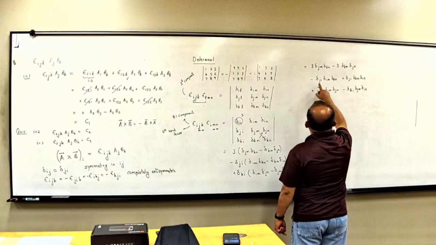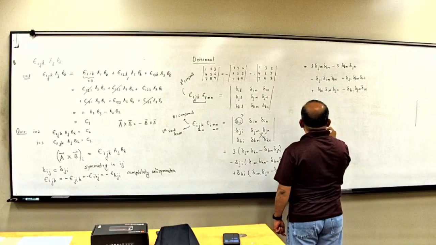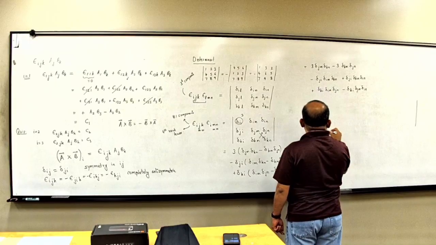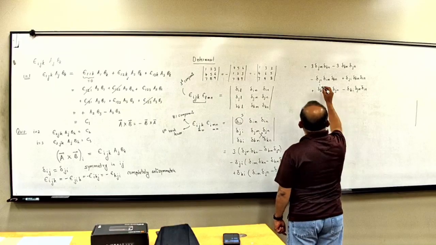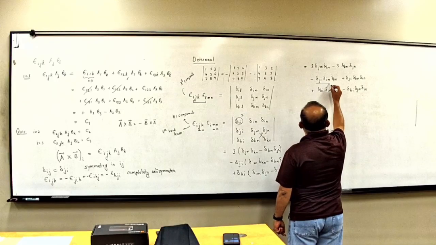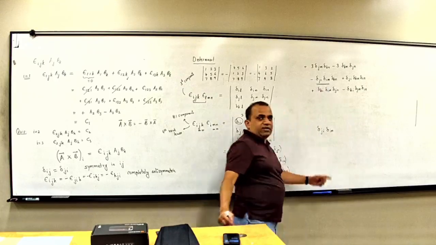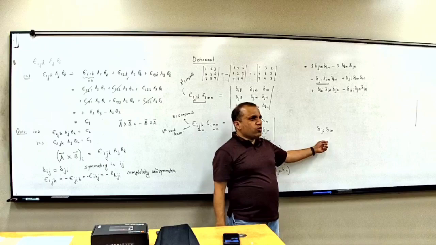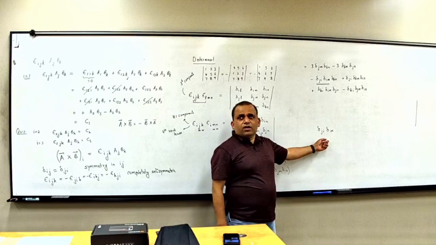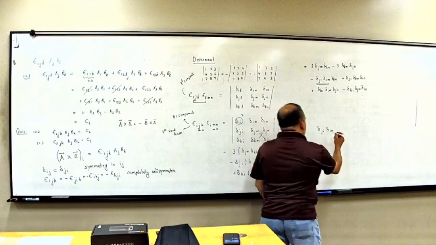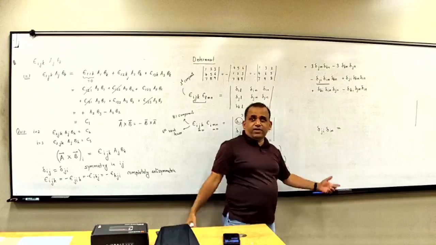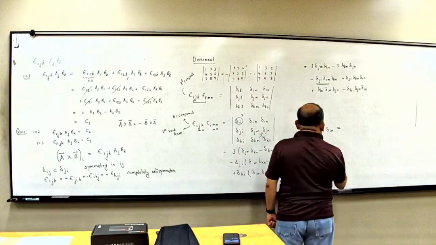There is an I showing up. What is delta Ji times delta Im? That's this term here. The underlying quantity is this. What is that equal to? Correct. Delta Jm. And how do you do that?